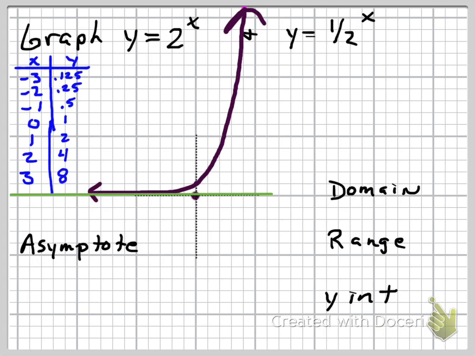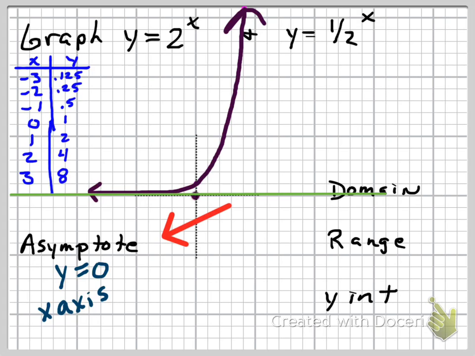That line that it's always getting closer to that I've just put in green is called an asymptote. The asymptote is the line that a graph is converging to. And in this case, you have to state it. So in this case, it's y equals 0, or you could label it as the x-axis.